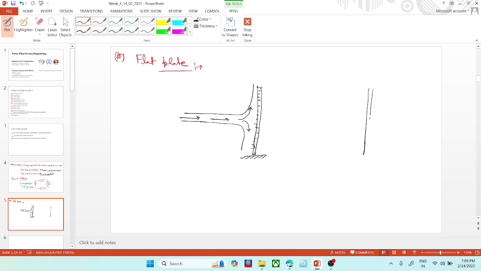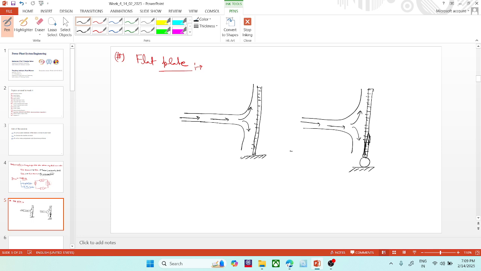And the second configuration, I will make it on a rotor. This is the rotor and the jet is coming like this. So the jet will impinge some force on this plate.